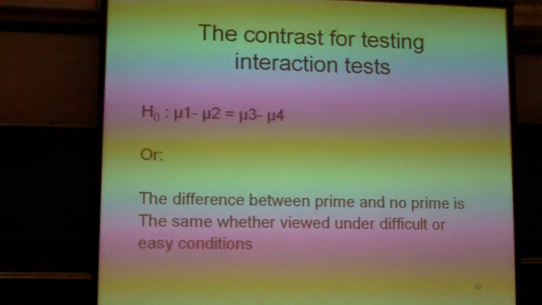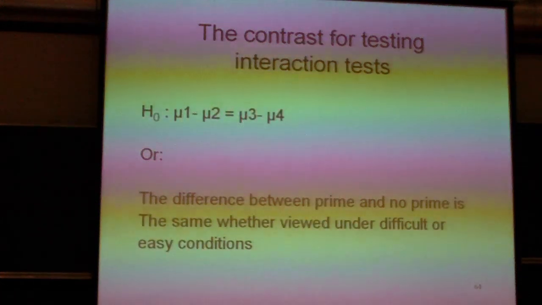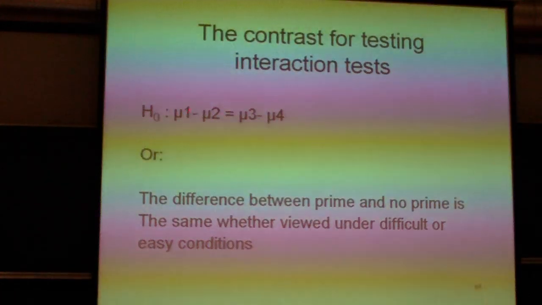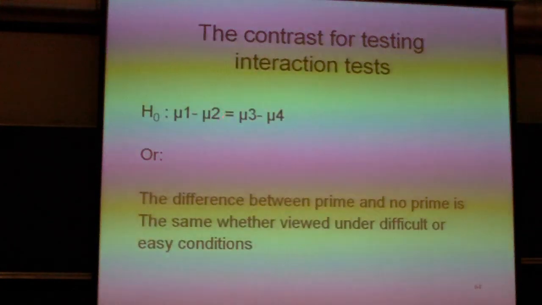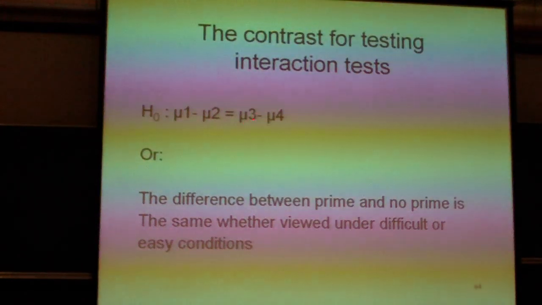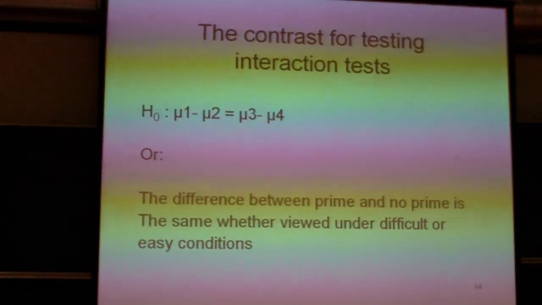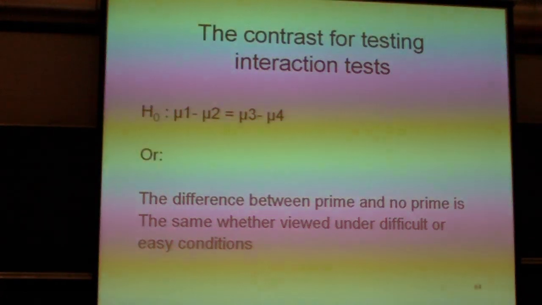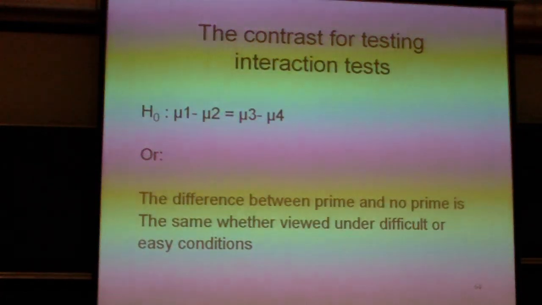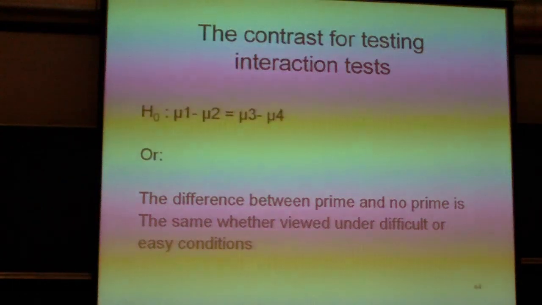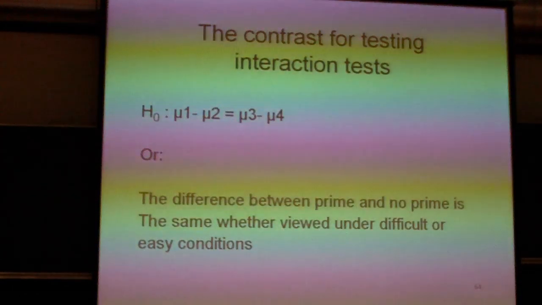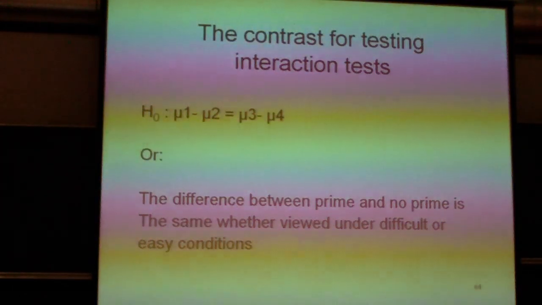And we can see that what it amounts to is testing the null hypothesis that the difference between mu1 and mu2 equals the difference between mu3 and mu4, which is to say the difference between being primed and not being primed is the same whether viewed under difficult or under easy labyrinth conditions.